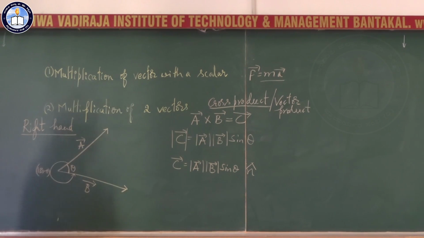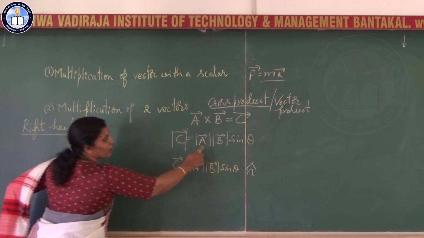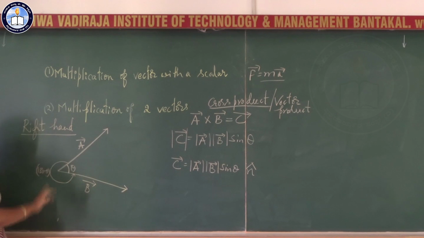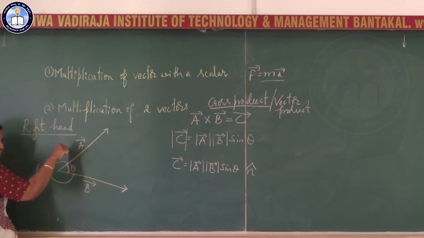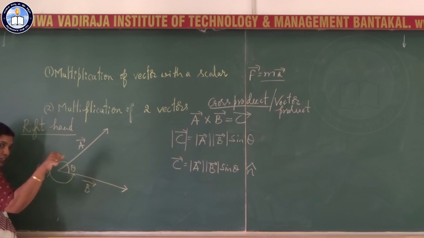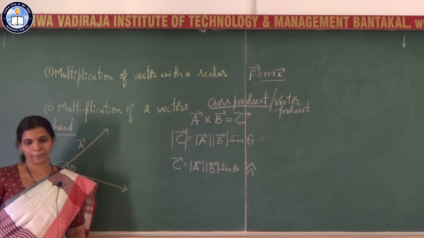For A vector cross B vector, take your right hand, curl your fingers in the order from A vector to B vector, like this. Now, the direction of your thumb gives you the direction of C vector or n cap.